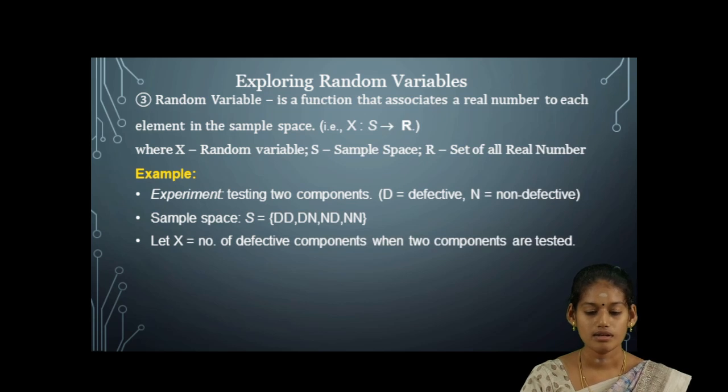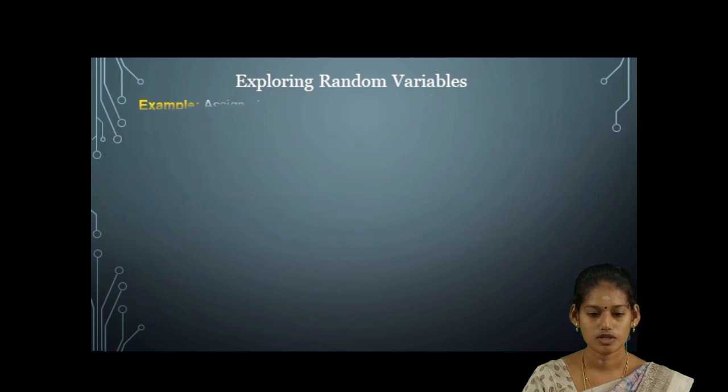For example, we are testing two components that are classified into defective and non-defective. So, the sample space will be DD, DN, ND and NN. Here, the random variable X denotes the number of defective items only. So, we are going to tabulate it as follows.